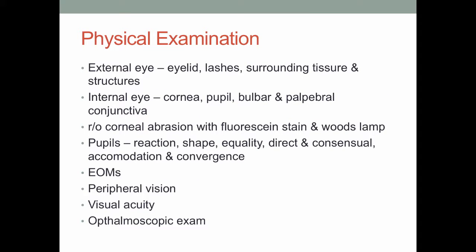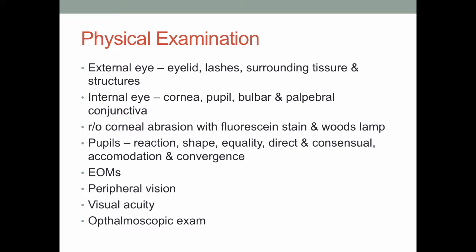So on physical exam of this little guy, we want to pay close attention to the external eye. His eyelid, lashes, surrounding tissue and structure all look fine. The internal eye, his cornea looks fine. His pupils are a little bit sluggish on that red eye and pretty brisk on the non-affected eye.